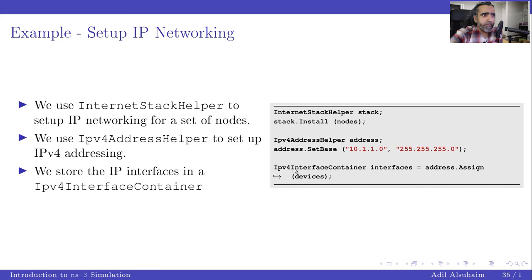And then we will use IPv4InterfaceContainer to gather up the interfaces together. Then we use the address object right here, dot assign the IPs to the devices, okay? And then the devices will have IPs with this pattern. So they will be 10.1.1.1 for the first node and 10.1.1.2 for the second node.